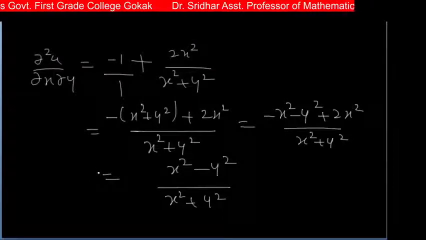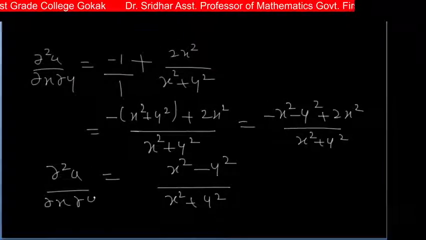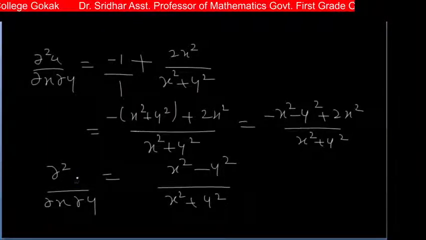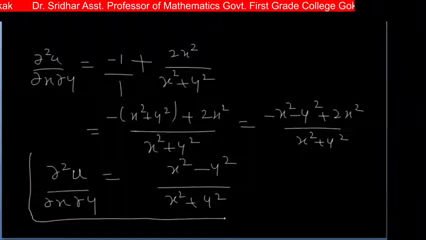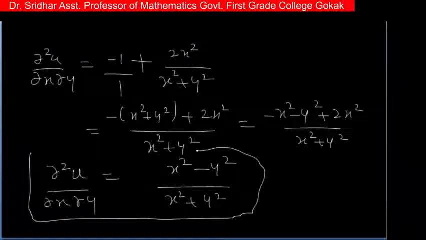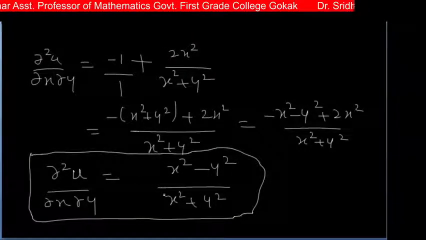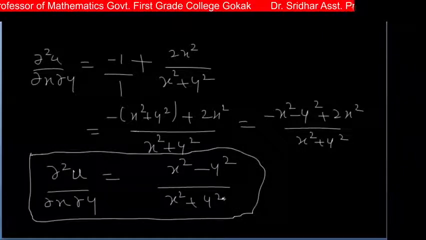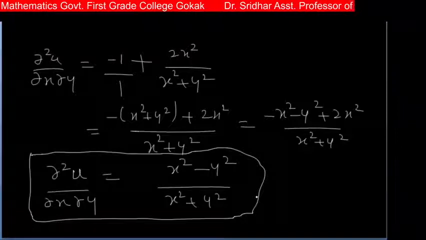Okay, so this is our dou square u by dou x dou y, which is the required proof, right? So we have proved the required condition. This is how we solve problems on partial derivatives.